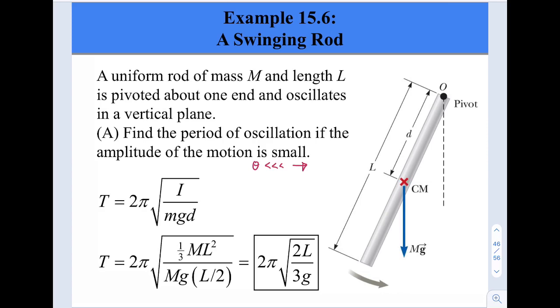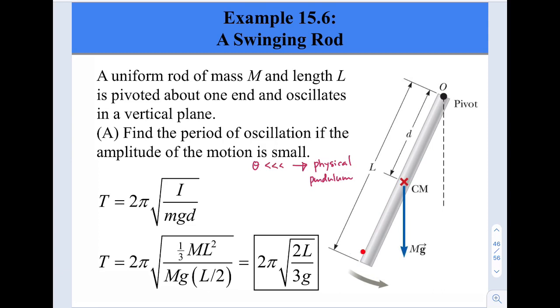That means we can approximate this as a kind of physical pendulum, right? Then we may use this formula: T equals 2 pi square root of the moment of inertia over mgd.